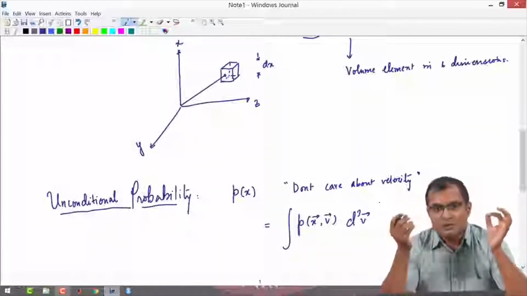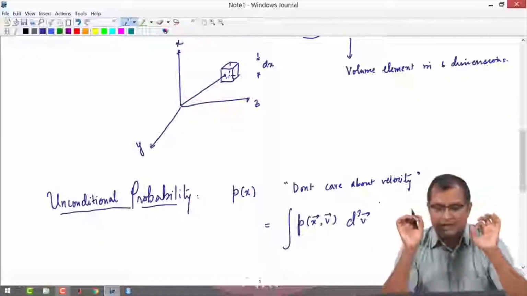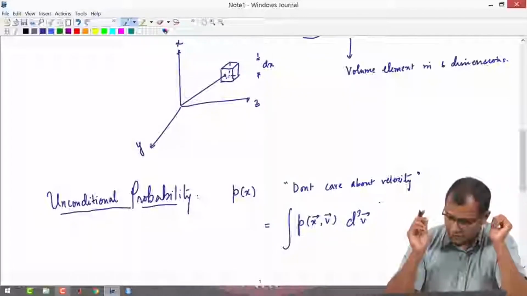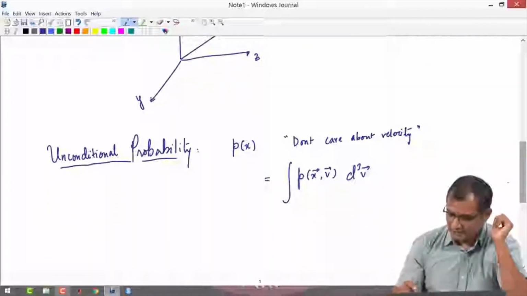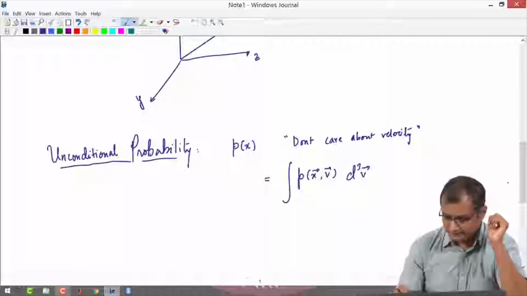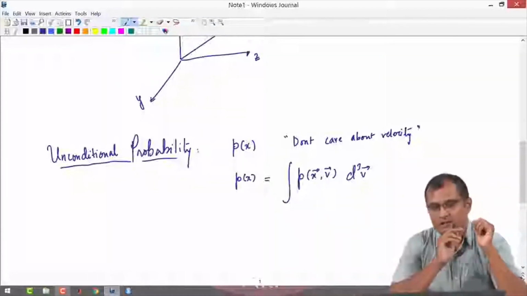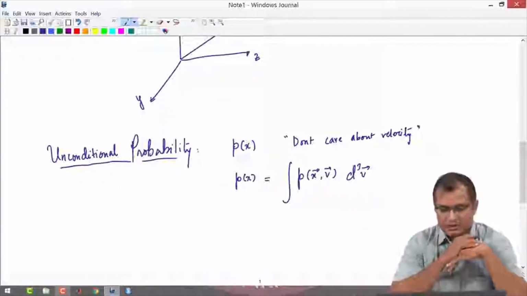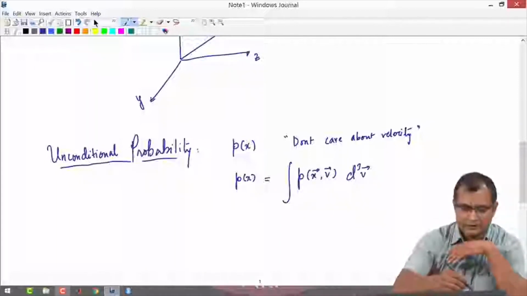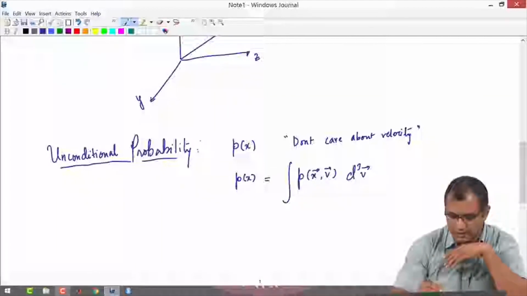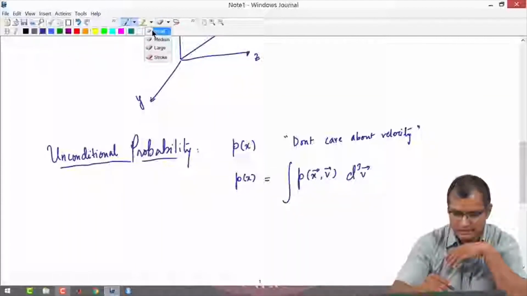All I want to know is the probability density of finding a particle in the neighborhood of x. So if I take this probability density and integrate over all velocities, I will get what is required, and that is the unconditional probability density of finding a particle at a location x. Okay, so this is the unconditional probability density.